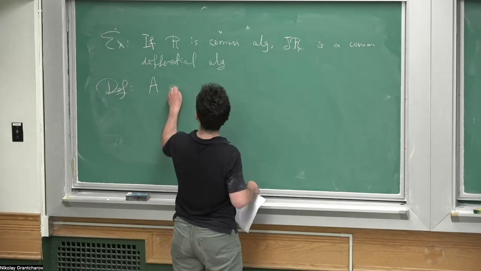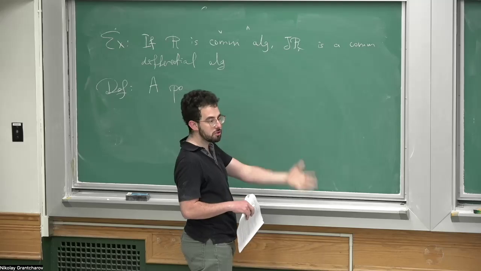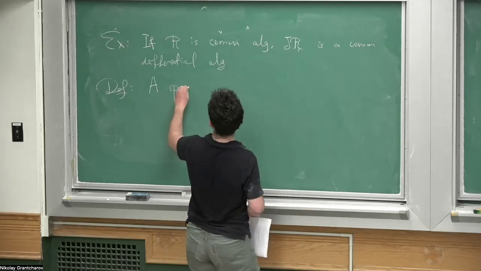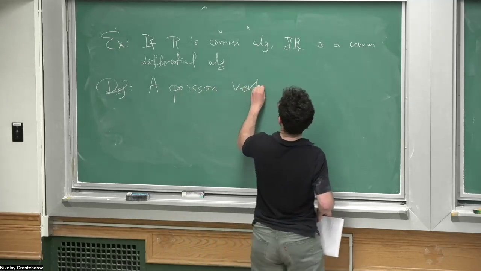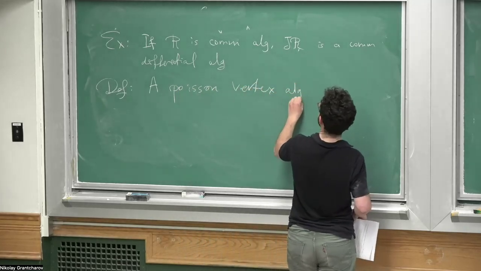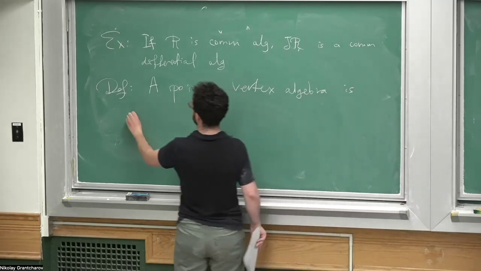So a Poisson vertex algebra is similar to a Poisson algebra in general. We have a combination of a commutative and a Lie algebra. A Poisson vertex algebra is a commutative vertex algebra.